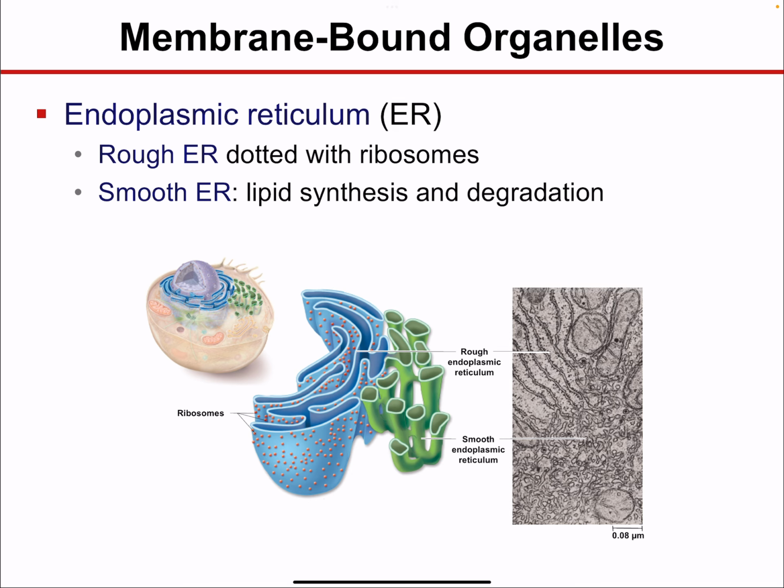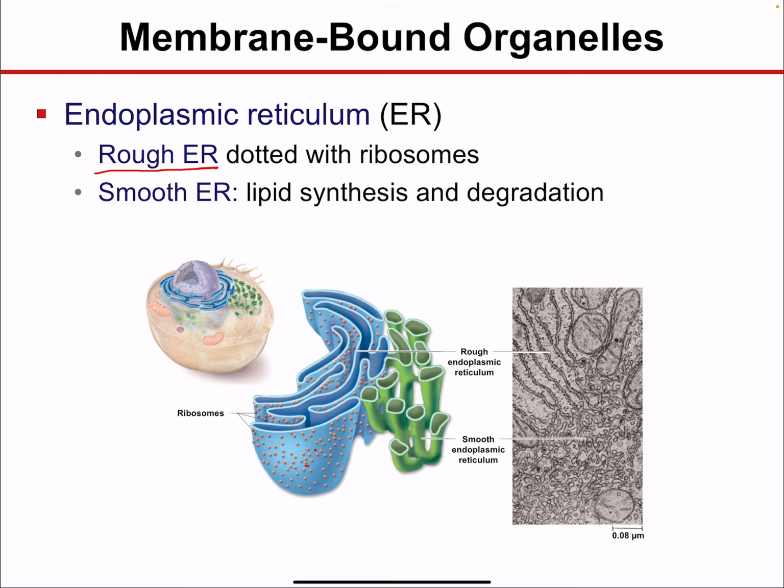Then we're going to address the endoplasmic reticulum. In the endoplasmic reticulum, we're going to have the rough endoplasmic reticulum that has a whole bunch of ribosomes attached. Okay? This bunch of ribosomes are going to be there for the synthesis of proteins.